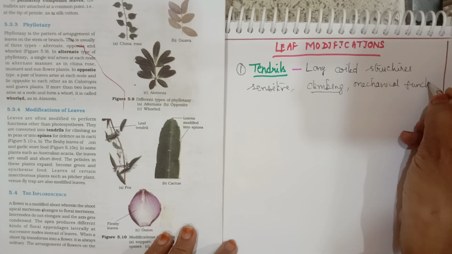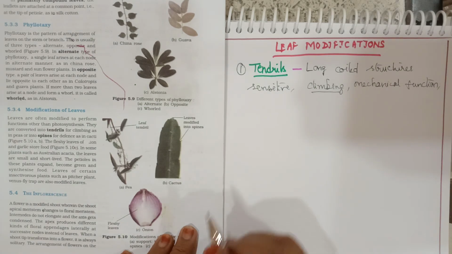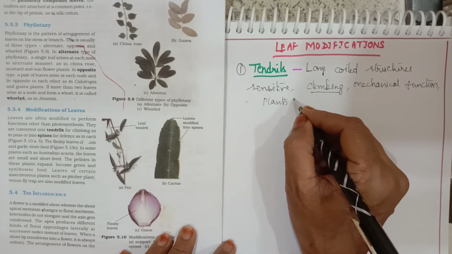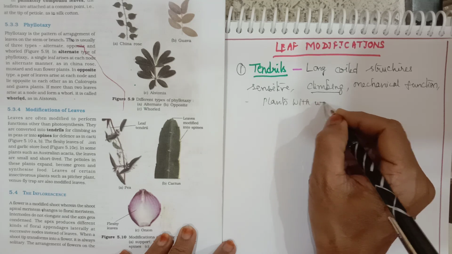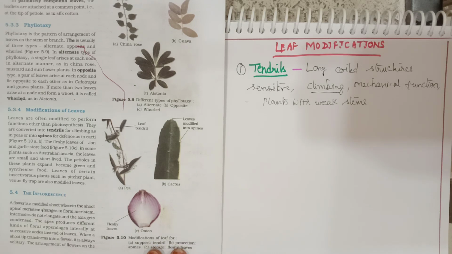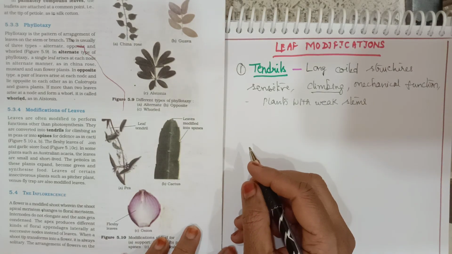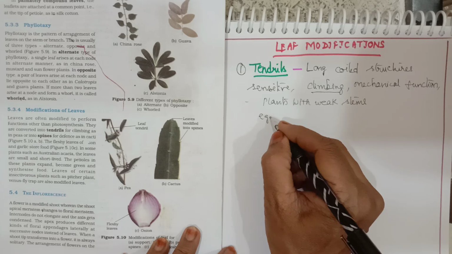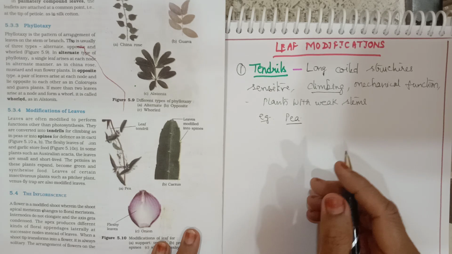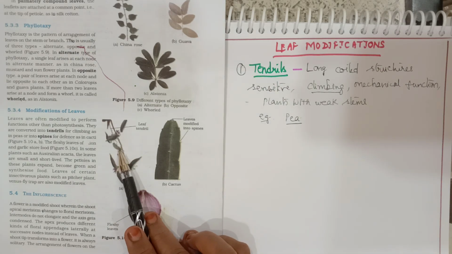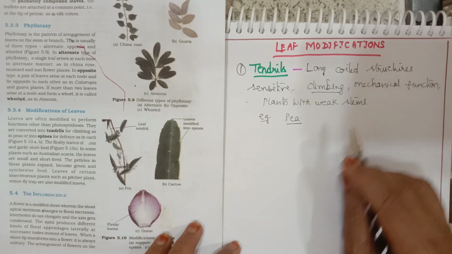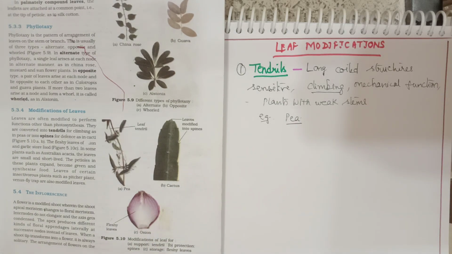In which type of plants is it present? It is normally developed in plants having weak stems. Plants with weak stems generally develop tendrils because they have to get mechanical support. For example, in the case of pea, as we have seen in the diagram, there is a compound leaf present in pea.